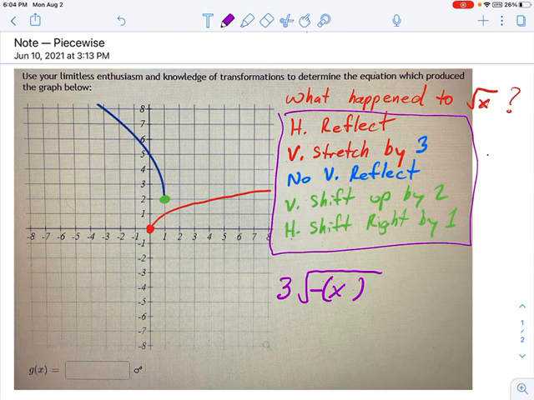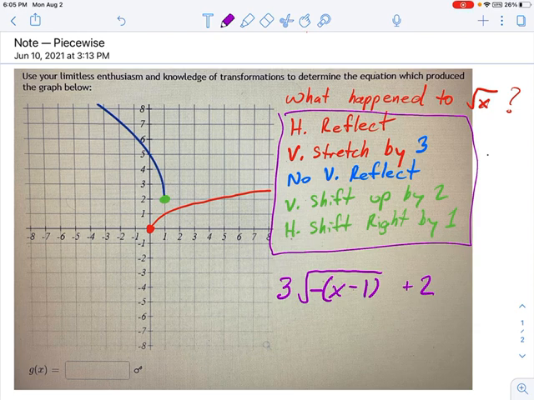And now there's no vertical reflection, so I'm done with all the stuff that has to happen first. Now I can move on to the shifts. And we have an up shift by 2. That's very easy. But we also have a shift to the right, and that means I'm going to have to replace x with x minus 1. Okay, and that's our equation.